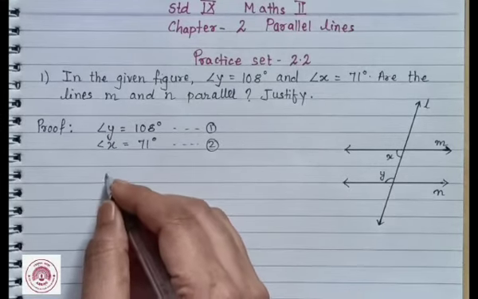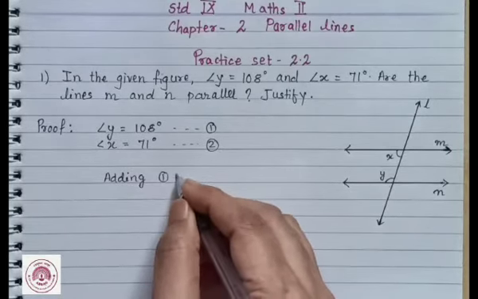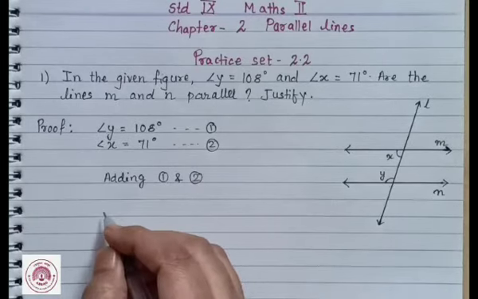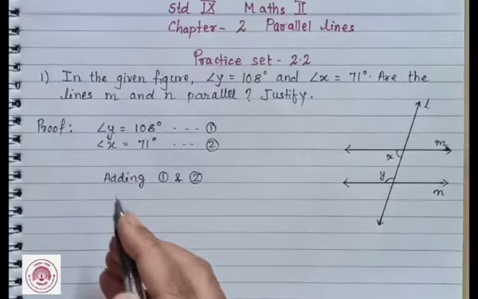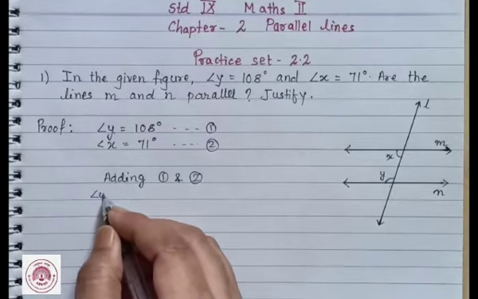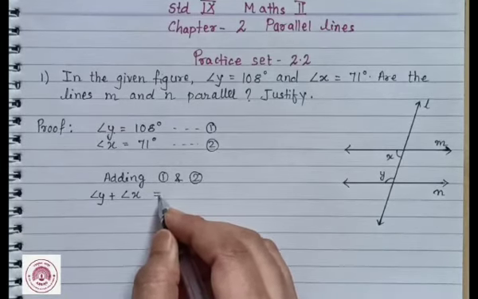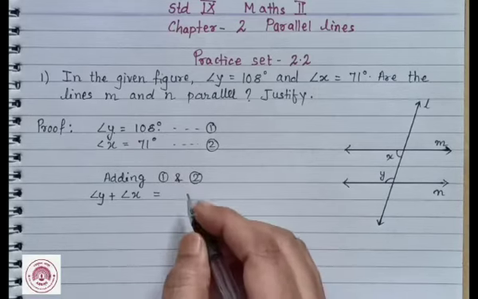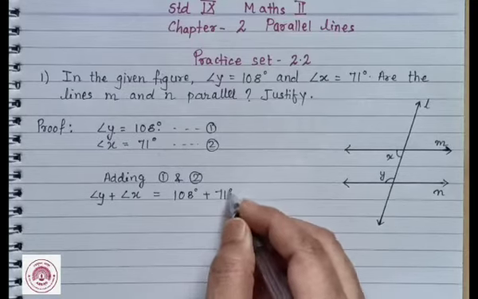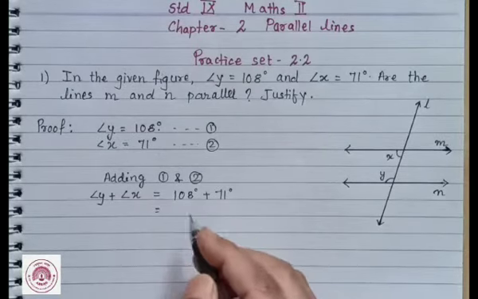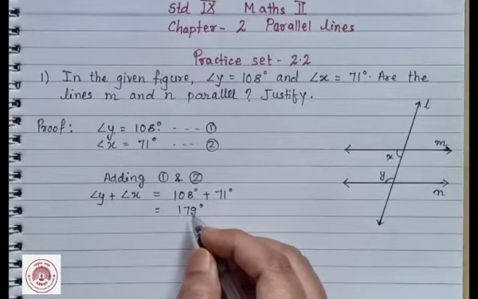Now adding equation 1 and 2, angle Y plus angle X equals, and we will add the right hand sides of the equation, that is 108 degrees plus 71 degrees, which is equal to 179 degrees.